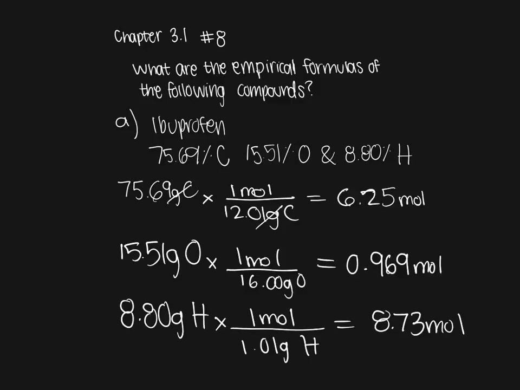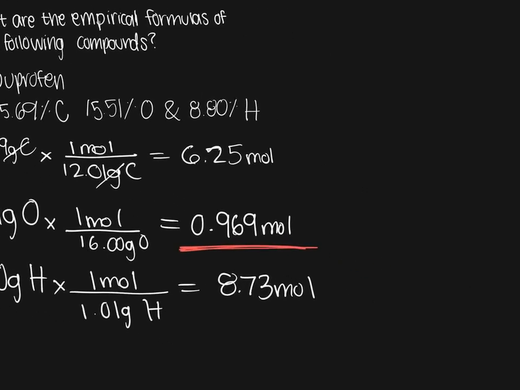Now that we have the number of moles of each element, we want to divide each by the least number of moles to get the simplest ratio or empirical formula. So the element that has the least number of moles is oxygen right here with 0.969. So what we're going to do is divide each element by 0.969. Dividing 6.25 by 0.969 gives us 6.45.